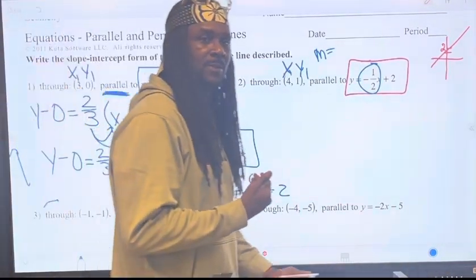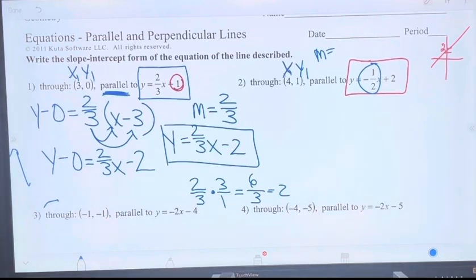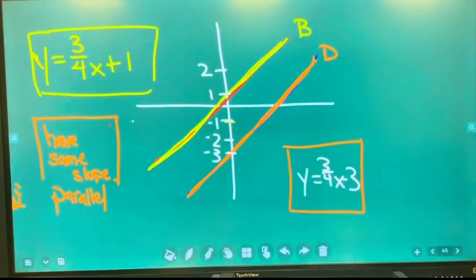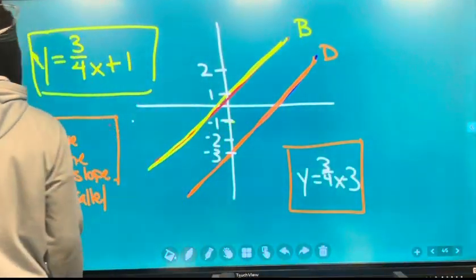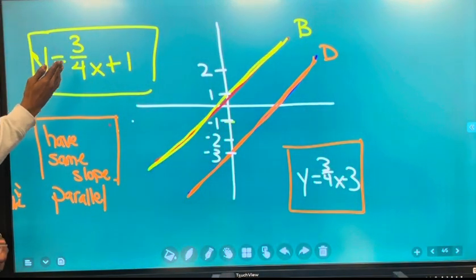Remember in slope intercept form? You don't remember slope intercept form? Oh, we're going to have to review that. Don't worry, we're going to revisit slope intercept form next week.